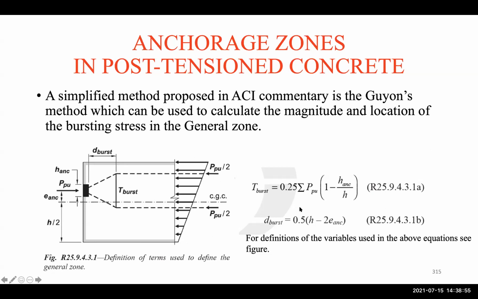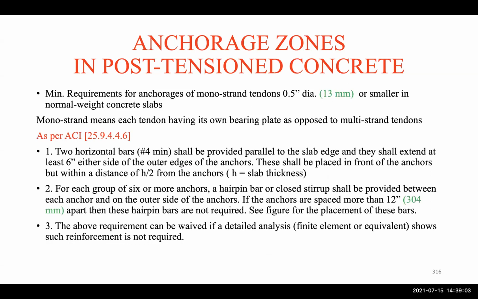It's not difficult to calculate using this simplified method, and many people actually use that method. Then also, of course, minimum reinforcement for anchorage of monostrand tendons or smaller can be used. There are different requirements per ACI. For example, 2 horizontal number 4 bars shall be provided parallel to the slab edge, and they shall extend at least 6 inches either side of the outer edge of the anchors.